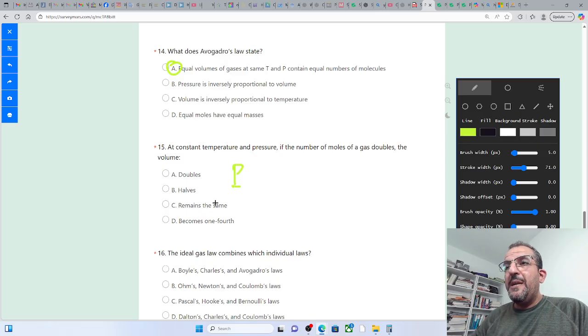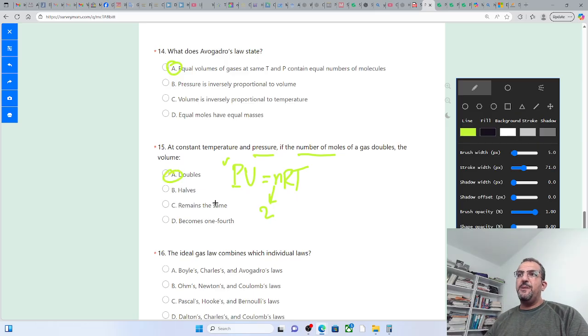We have the ideal gas equation, so PV is equal to nRT. We have a relation between pressure and number of moles. If I multiply the number of moles by 2, what will happen? You will see that the pressure also will be doubled. Okay, so A is the right answer for number 15.